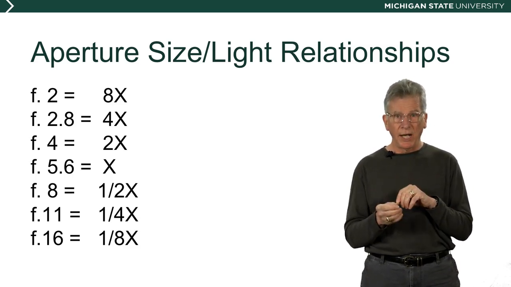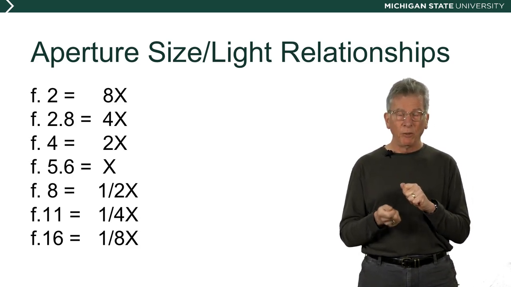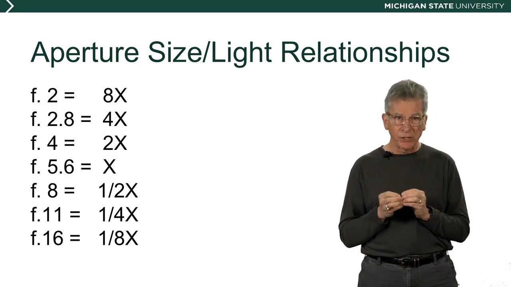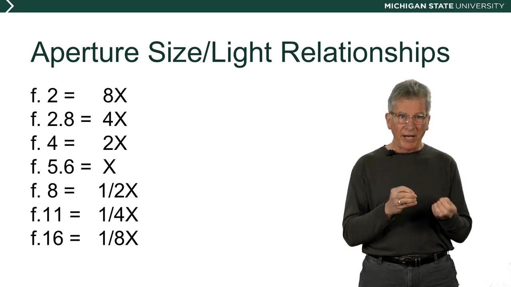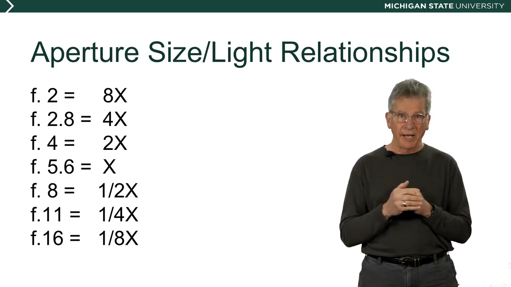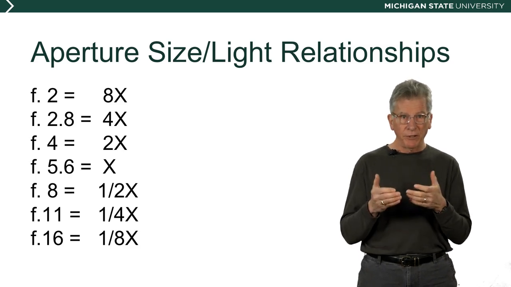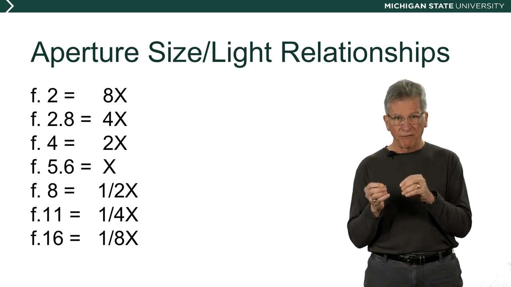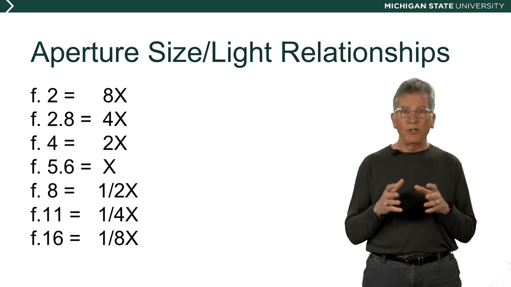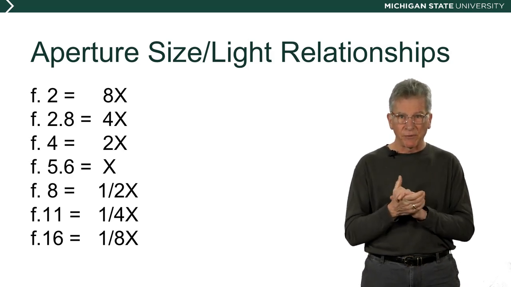When we move one notch higher in number, we cut the light in half. So if we go from f5.6 in our example to f8, we've cut the amount of light that can pass through that hole in half. And if we move the other direction and go from f5.6 to f4, we're going to allow double the amount of light to pass through the lens.